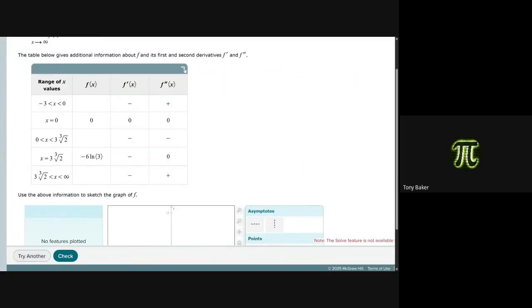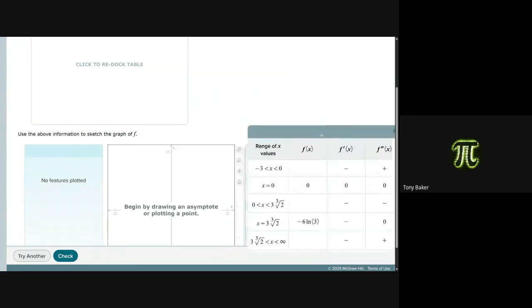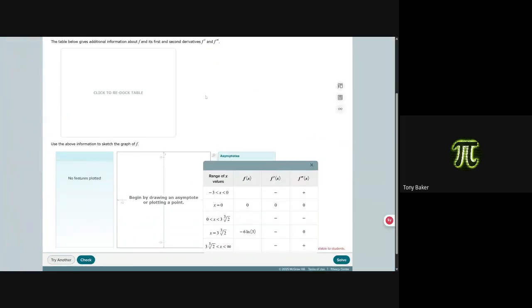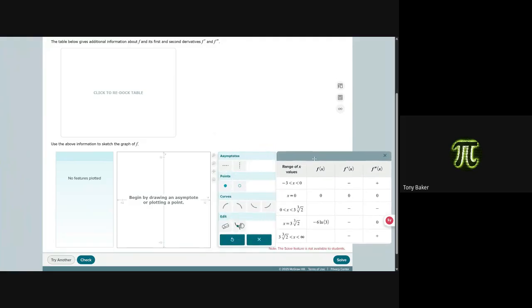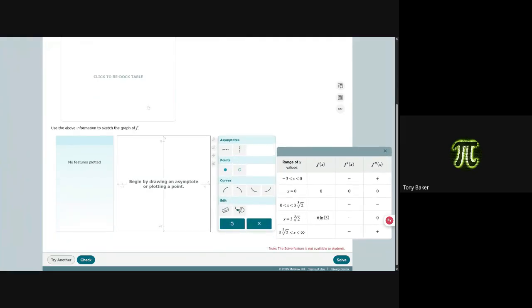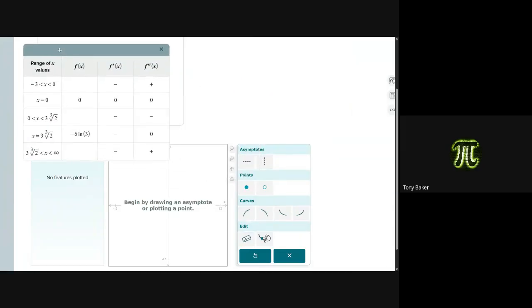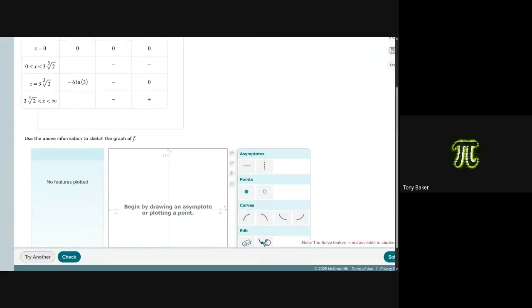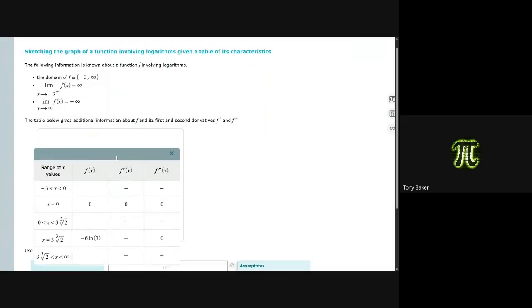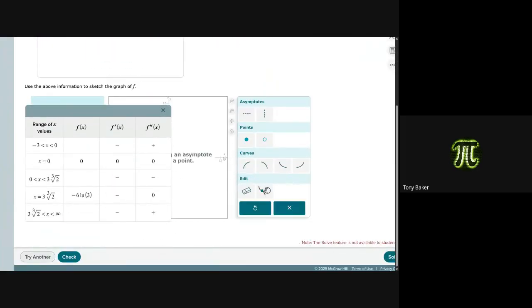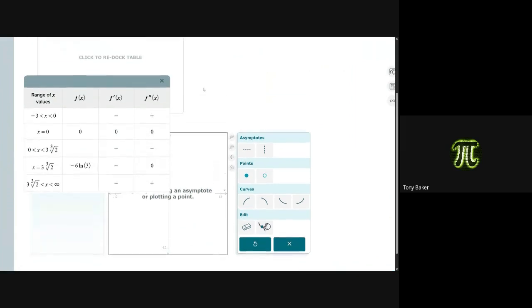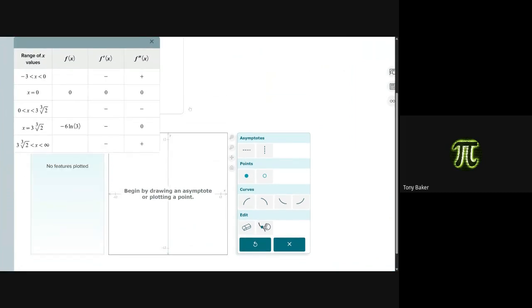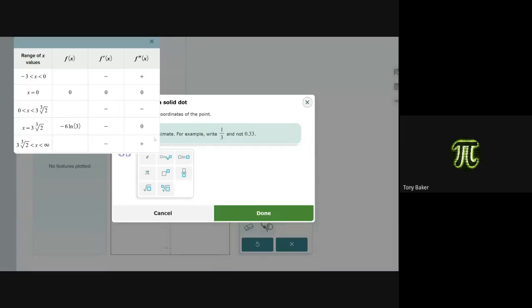All right, we'll do one more of these. We'll do the logarithm one, and then we'll do that. So this is no different than the other problems. It's just a logarithm problem. So plot our point. 0, 0.